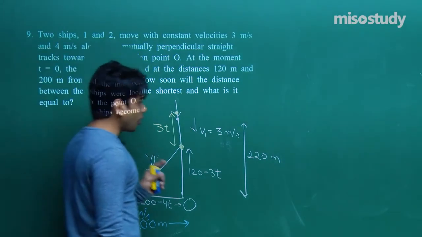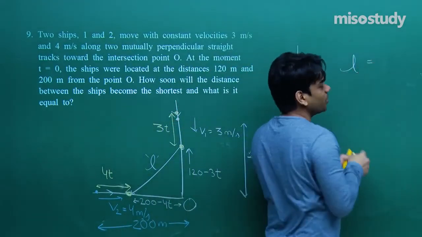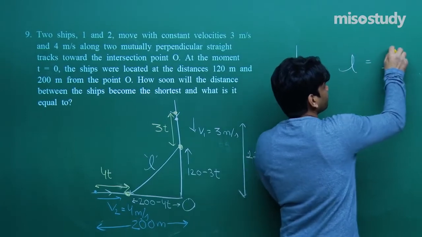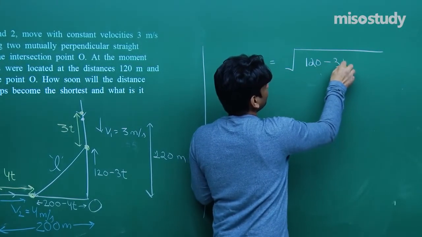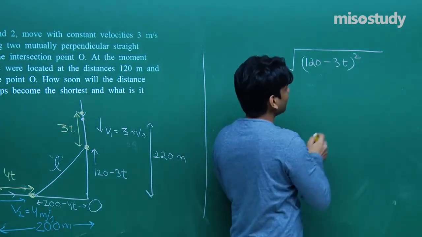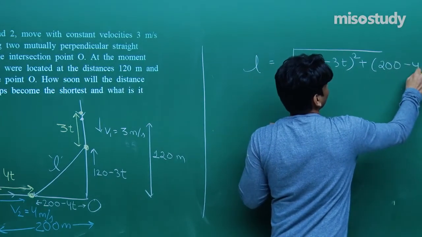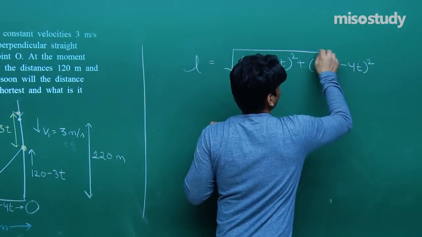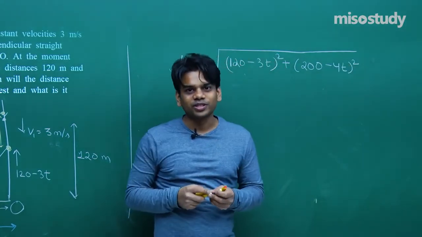So L, I am going to write the formula for L. The distance that we can see will be under root of (120 minus 3t) whole square plus (200 minus 4t) whole square. This is what we'll be having as per the given statement within the question.